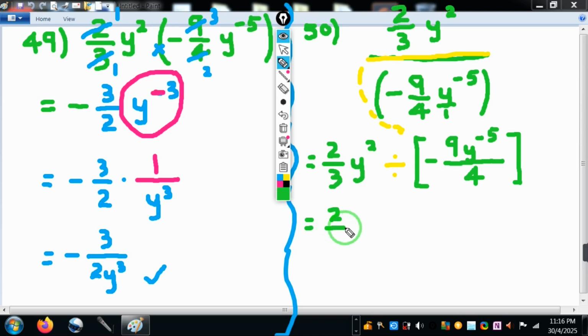I'm young at heart. So 2/3 we write back. Y squared we write back. What I meant by standard 4, standard 5 is what my teachers taught me, which will be the division sign. You please turn it to a multiplication sign. Wait, take blue. I want blue. Turn that division sign to a multiplication sign. That can only be done if you, allow me to go back to the green, invert that one.